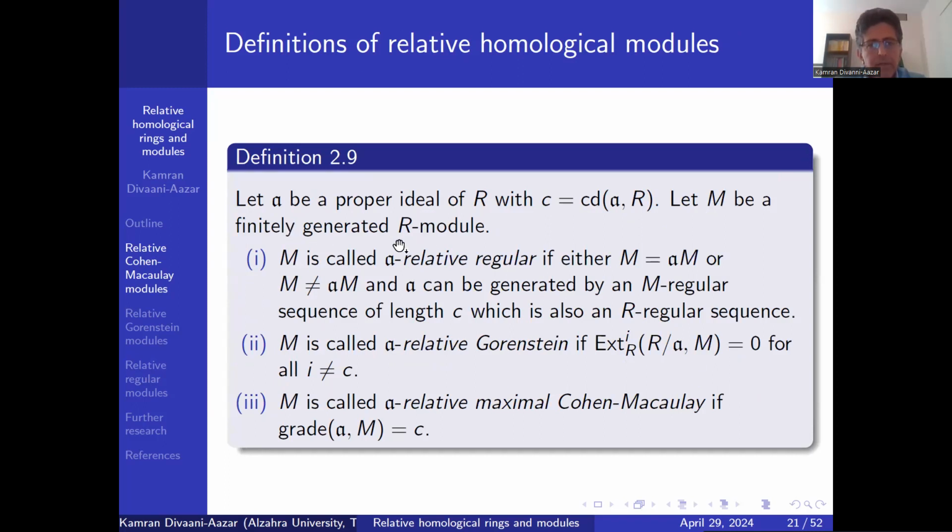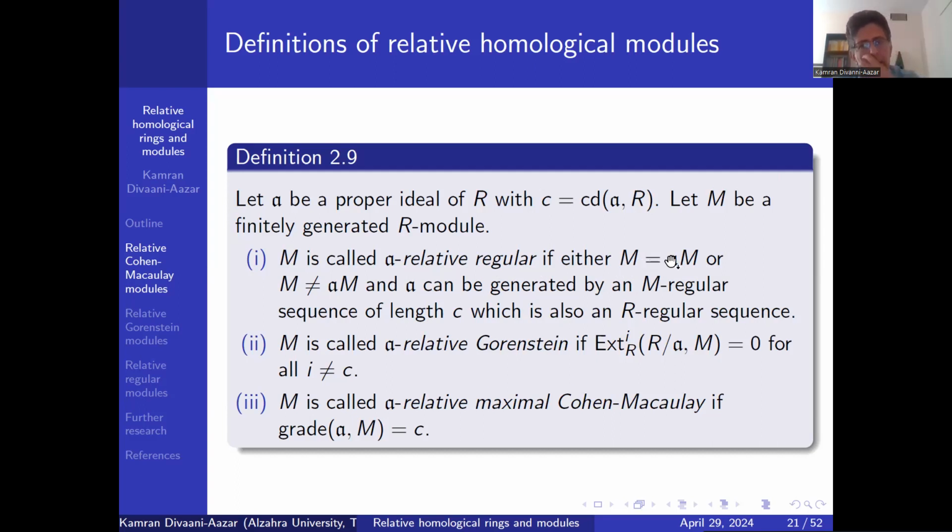Take M be a finitely generated R module. We call M a relative regular if either M is AM, or M is different from AM and A can be generated by an M regular sequence of length C, which is also an R regular sequence. So M is called a relative regular in two cases.